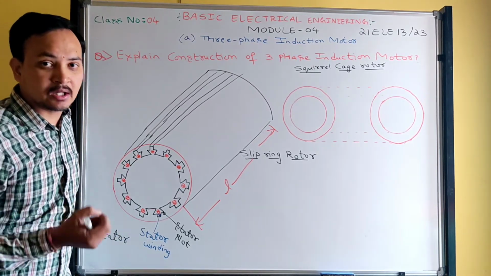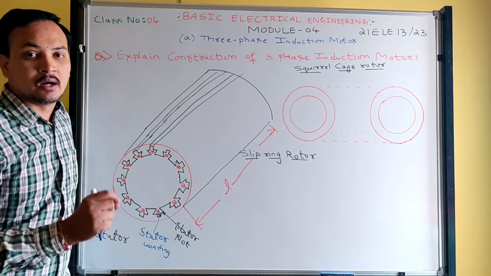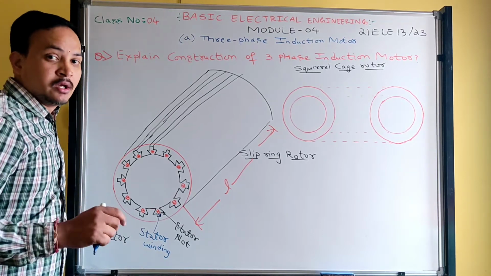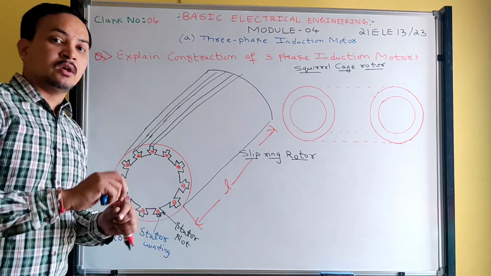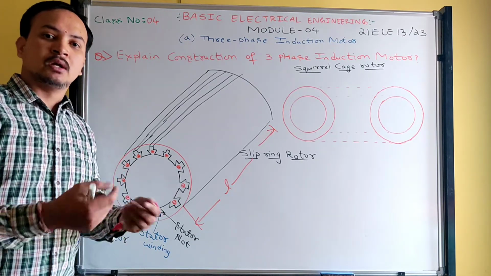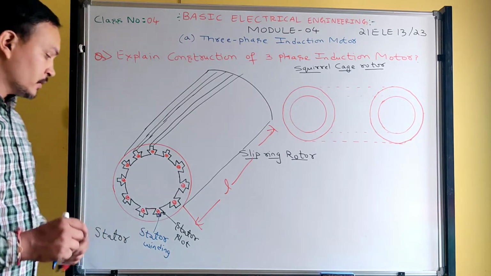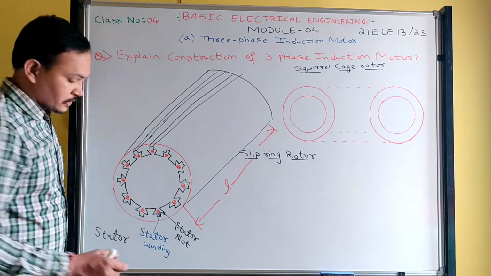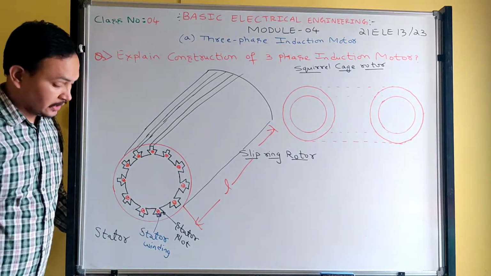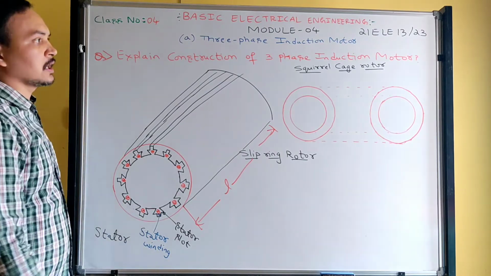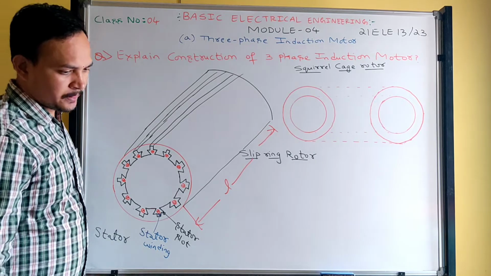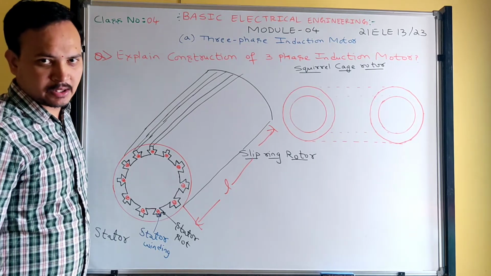We can easily bend the copper, and it won't lose its tensile strength. If you bend copper wire like this, it won't cut. But aluminium, if you do this 2 to 3 times, it will get cut. So we are using copper as the winding material for the stator. 90% of all electrical machines use copper only as the conducting material.